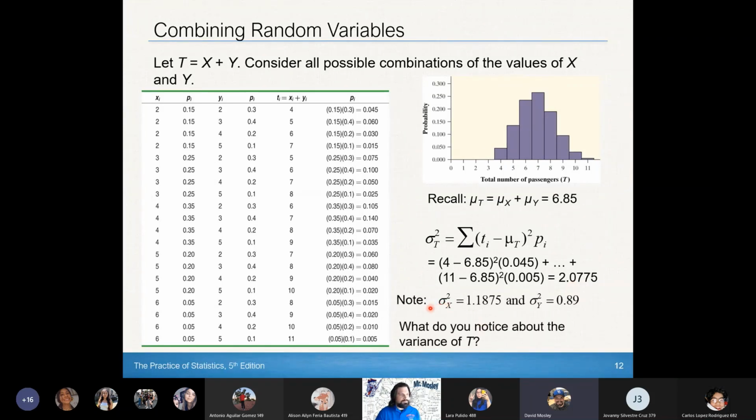But also, we had the variance of x as 1.1875 and the variance of y as 0.89. If I add those up, I get 2.0775. So essentially, we can avoid doing this calculation because the variances for x and y add up to the variance of t.